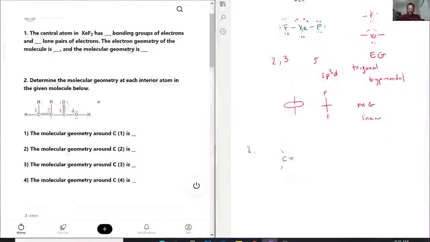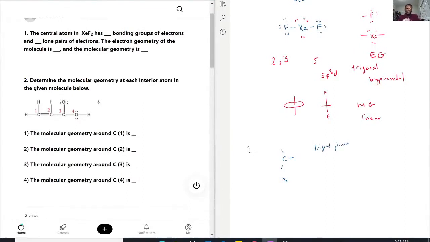Well, actually, technically, sorry, that was my mistake. This double bond here does just count as just a bonding group, not 2 bonding groups. So this will actually have 3 bonding groups. This is important because this allows us to solve molecular geometry. So this is known as trigonal planar.